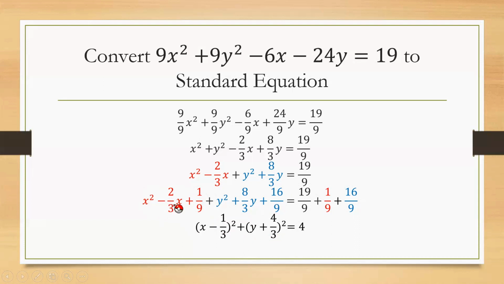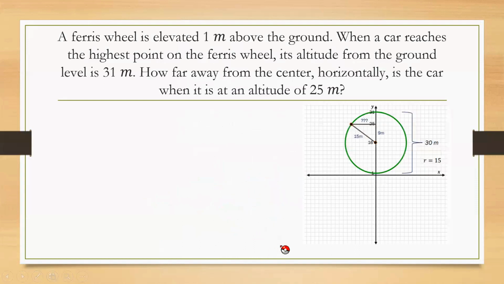Again, whatever answer comes when you do the b over 2 part of the completing the square, that's what you put here in the parentheses. So negative 2 over 3 divided by 2 is equal to negative 1 over 3. 8 over 3 divided by 2, we get 4 over 3. Positive 4 over 3 to be exact. And that's our standard equation.